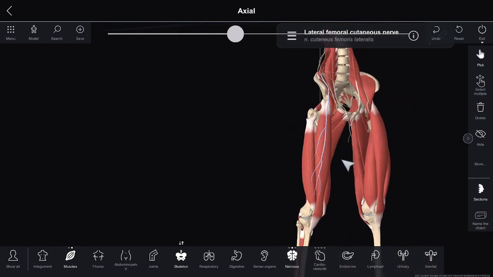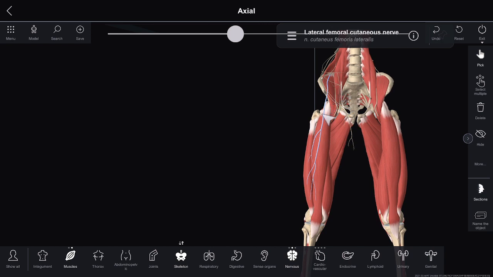Here it is blue, and it goes on the lateral surface of the thigh.